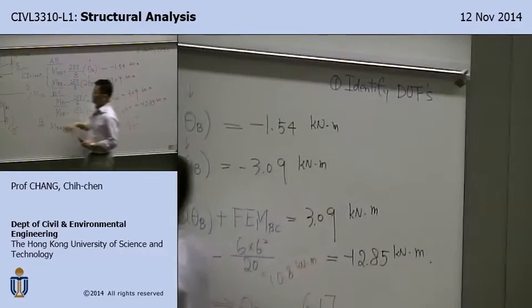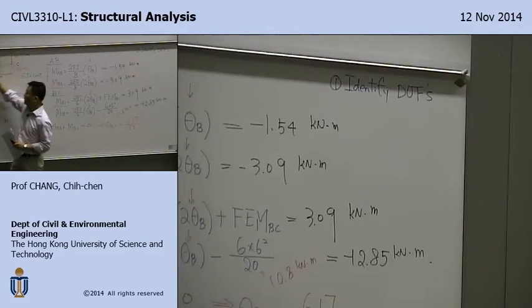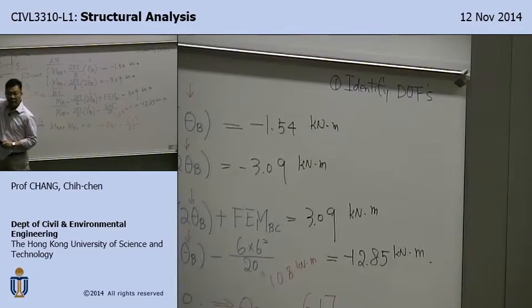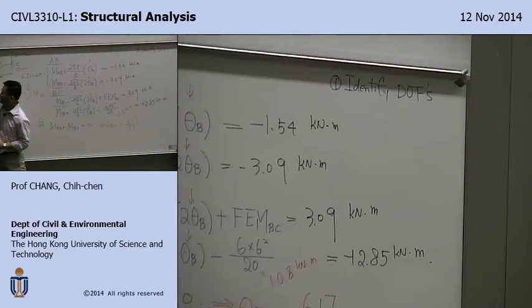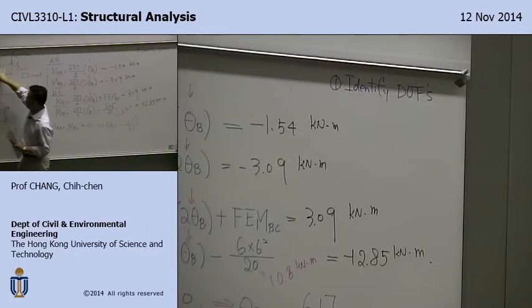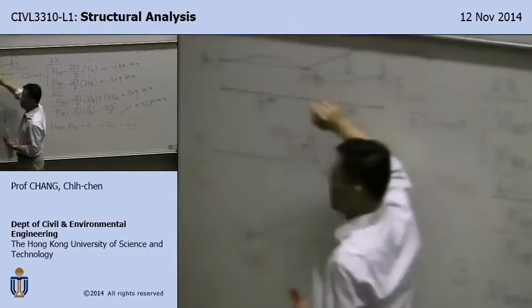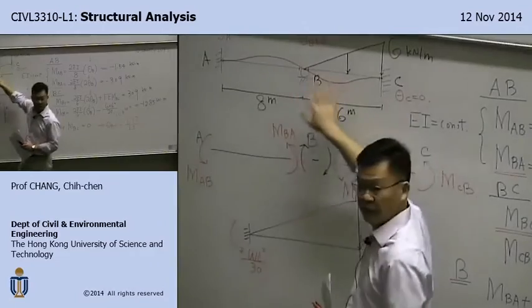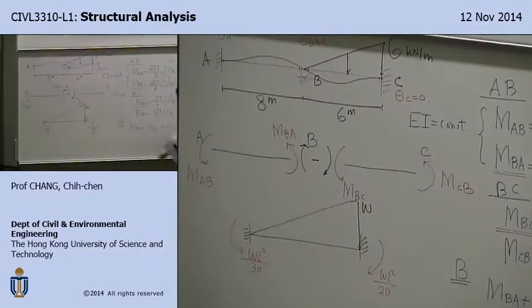That is, you need to identify which are 0, which are not 0. You need to also provide on the way how you want to model your structures. You want to model the structure, call this one element, the other elements, or you want to split into even finer 1 element, 2 elements. It's up to you. But you need to provide such a modeling and then identify degrees of freedoms.